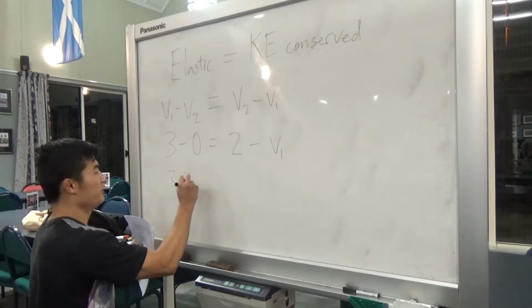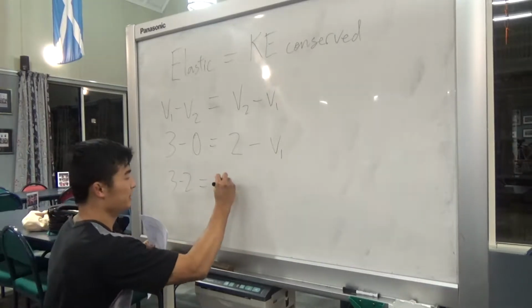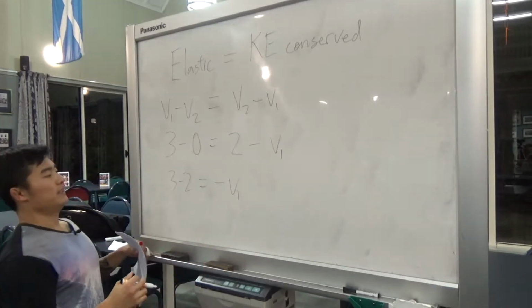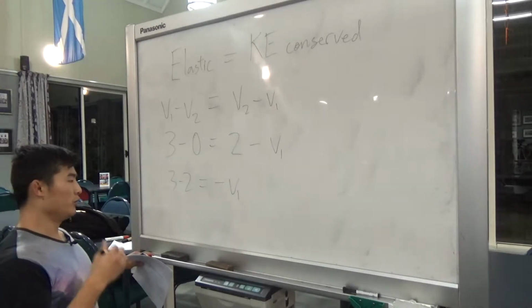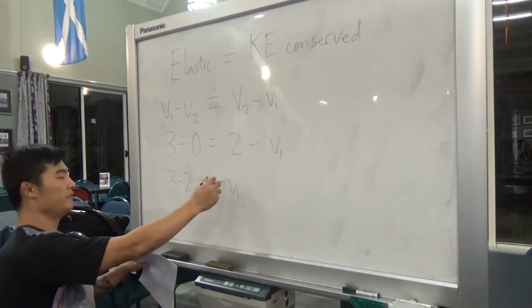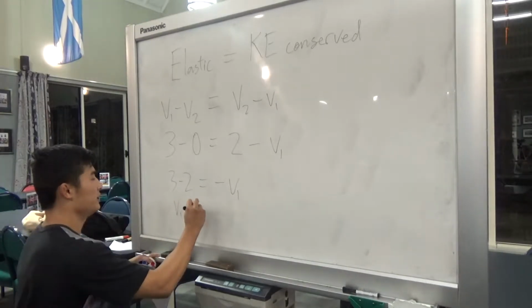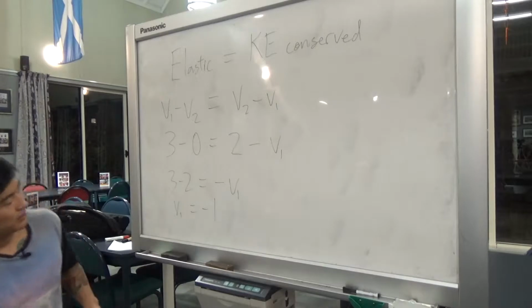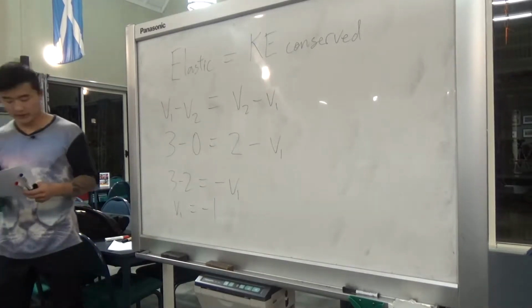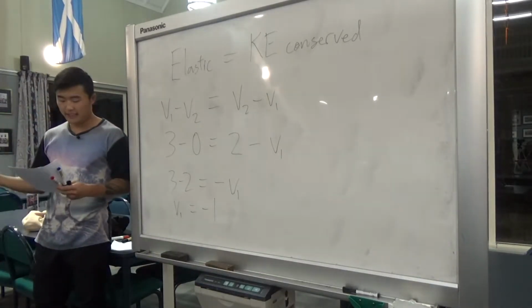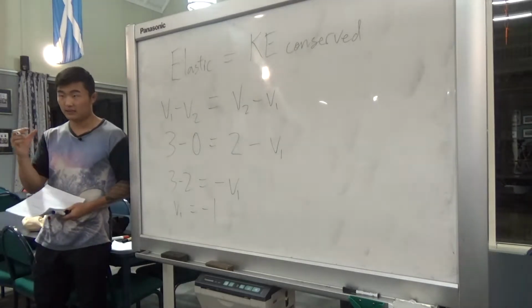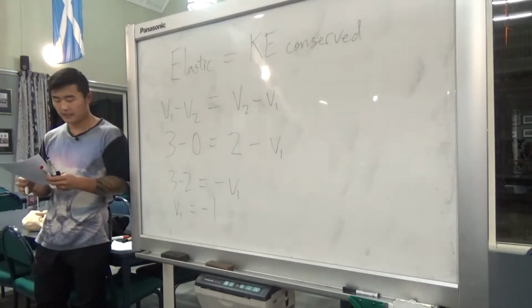So 3 minus 2 is equal to negative V1. And we want V1, not negative V1. So V1 will be equal to negative 1. Okay, so the 2 kg cart will be going backwards after the collision.